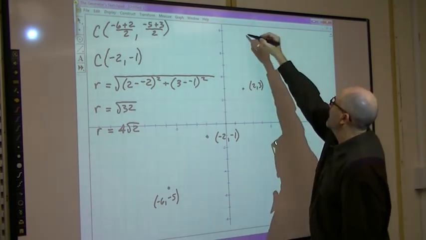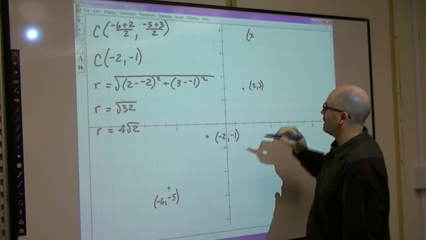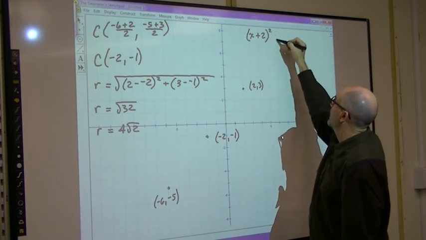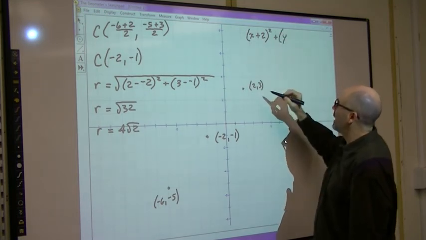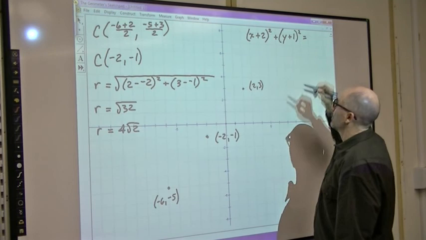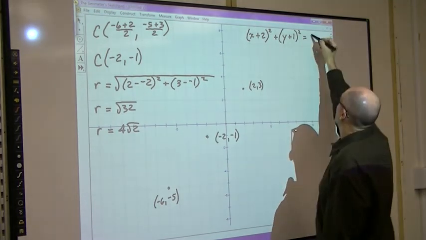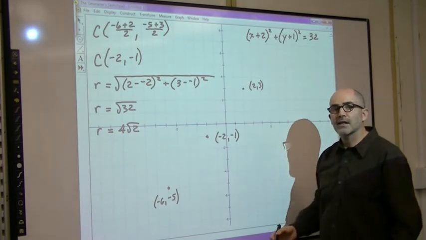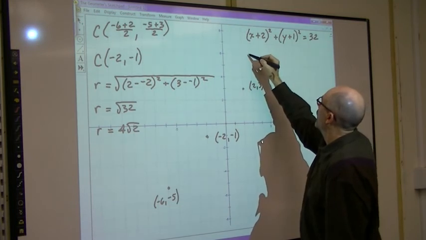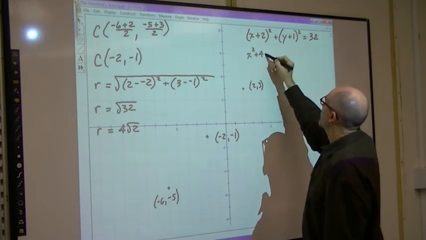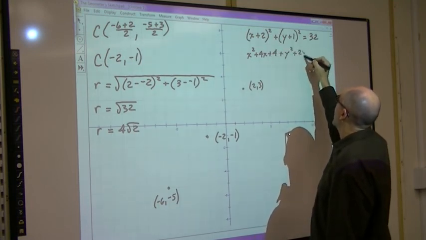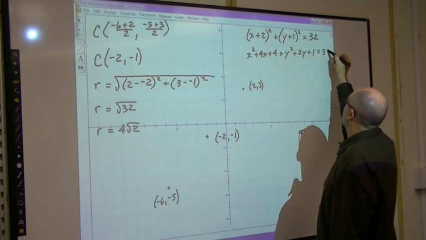So it's got to be x minus the x value of the center, squared, plus y minus the y value of the center, squared, equals the radius squared. Bam! That's it. Now, if we want it in general form, all we have to do is go x squared plus 4x plus 4 plus y squared plus 2y plus 1 equals 32.